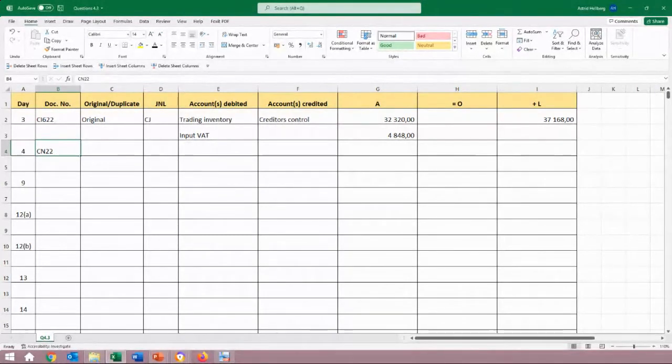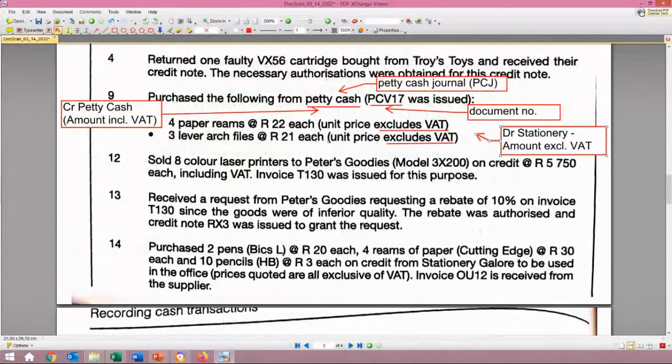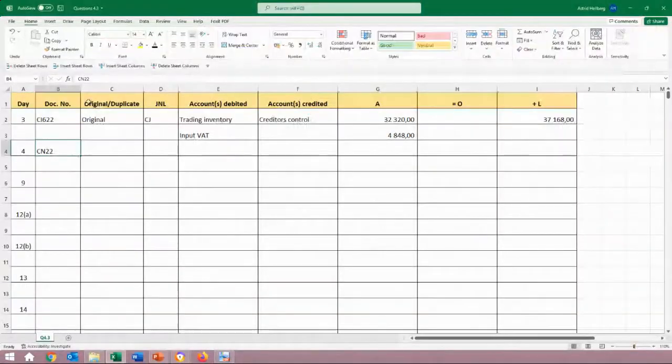Did I skip a transaction? Oh, I went straight to the 9th. So I skipped the transaction on the 4th. So let's do the transaction on the 9th and then we'll piggyback to the 4th. So the PCV 17, that is our document number.